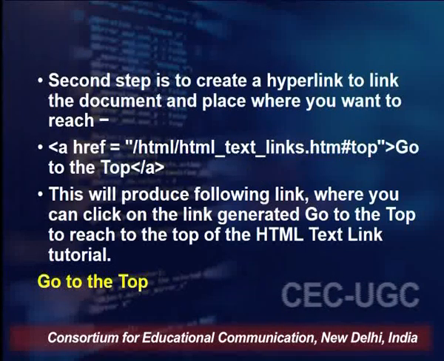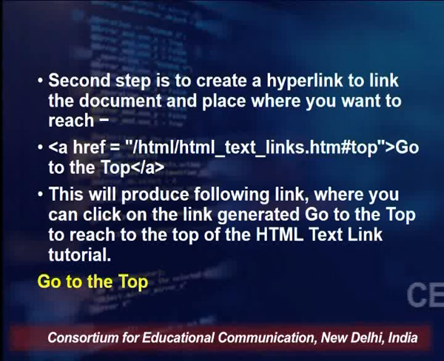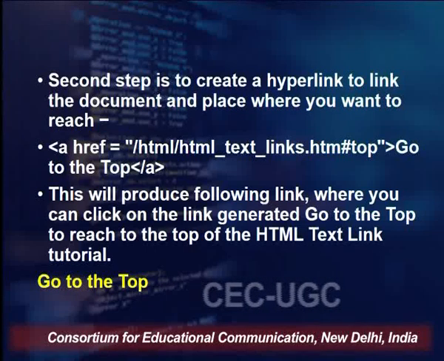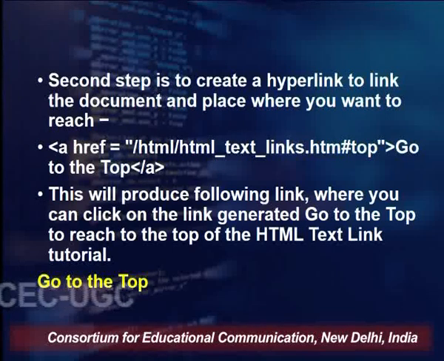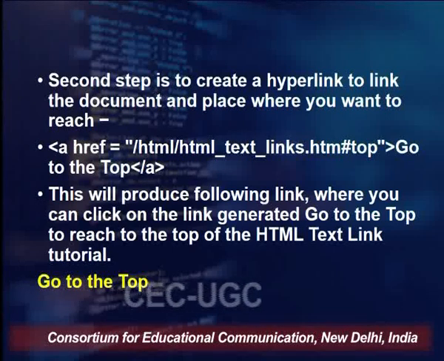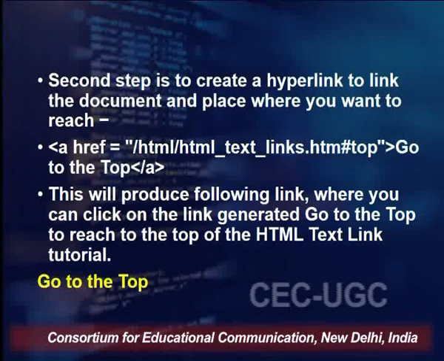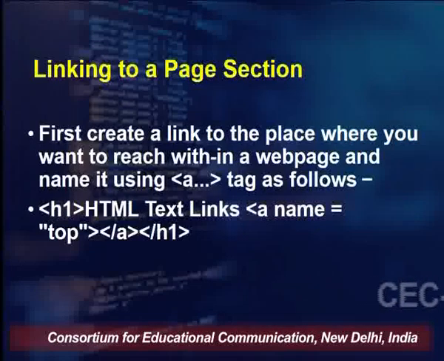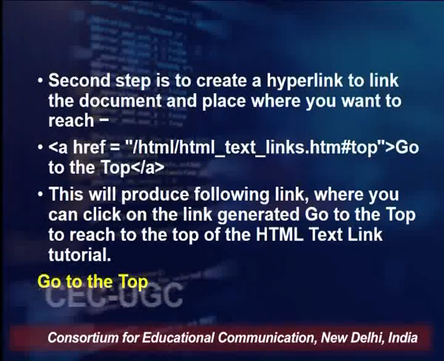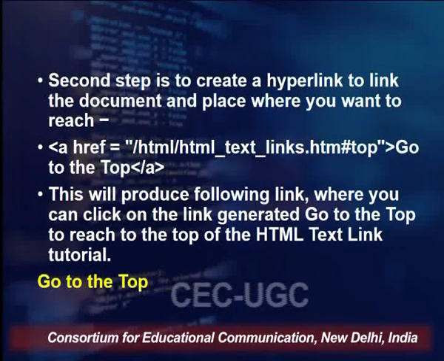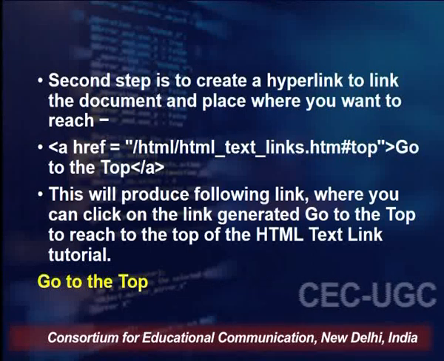The second step is to create a hyperlink to this document and place where you want to reach. So we make one hyperlink which says go to the top. And what is this top? It is that particular section in which we have written HTML text links. Just try to assume the result.